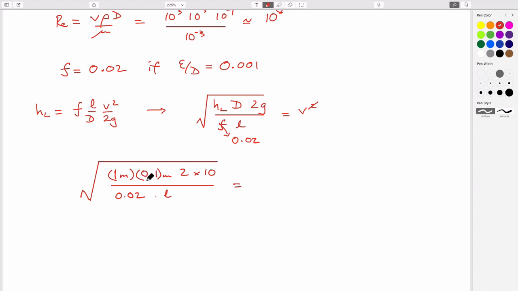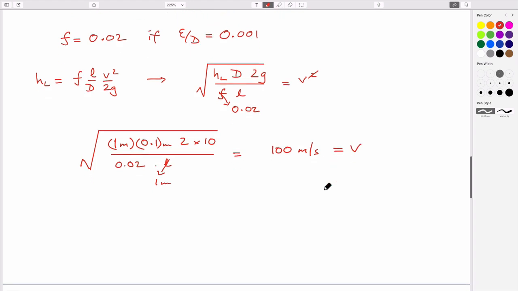So this is 0.1 times 10, which is 1, times 2 is 2. This is 1 meter. So 2 divided by 0.02 is 100, right? And so we have a velocity of 100 that we've calculated, 100 meters a second.